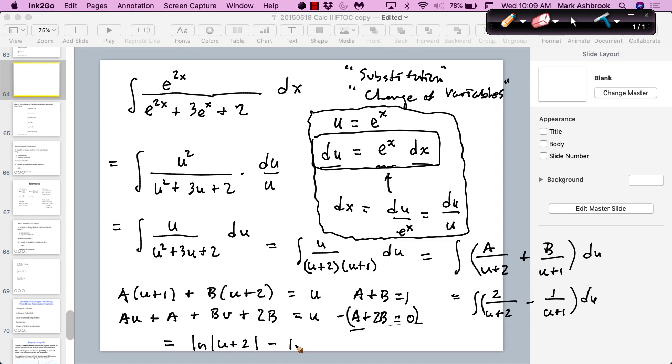Why are these natural log? It's the power in the denominator. What's the power in the denominator? 1, right? So this is like to the negative 1 power. Any other power is not natural log. Just because you got something in the denominator doesn't mean you're going to do natural log every time. It's only if it's to the first power in the denominator. Any other power is power rule, okay?